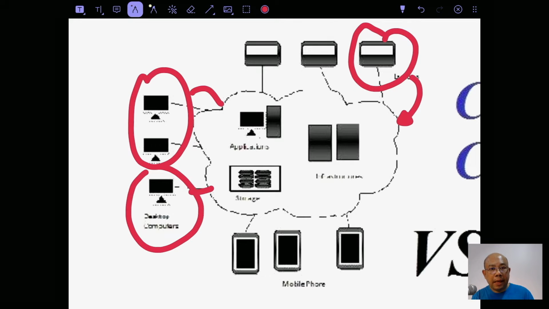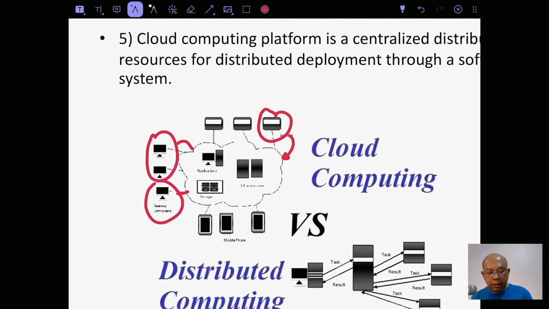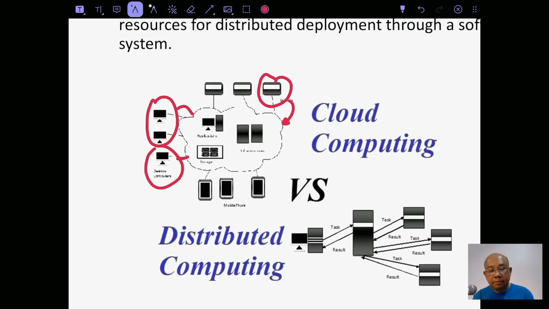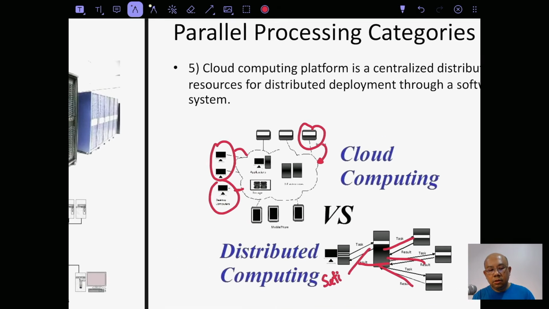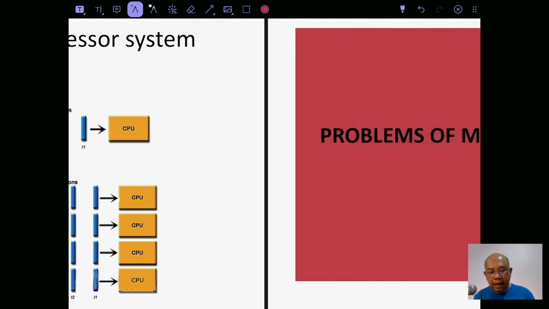These are different platforms connected to the internet, and we call that cloud computing. But if it is the same system doing the same work, for example a safety work distributed to the members, we call this distributed computing. So now we will conclude here before moving to the next slide.